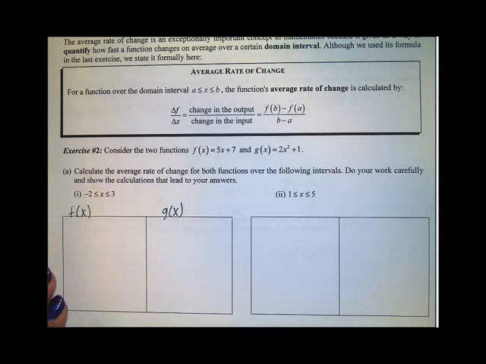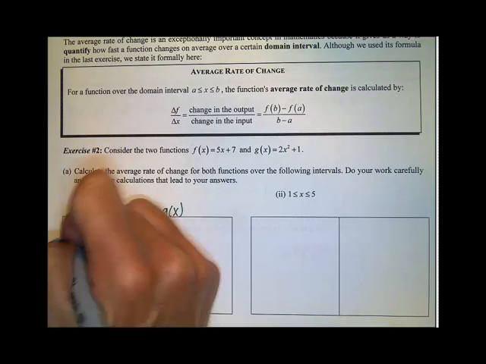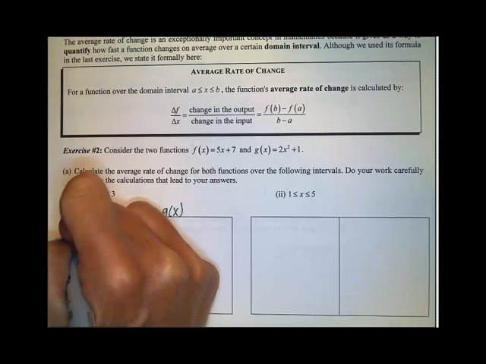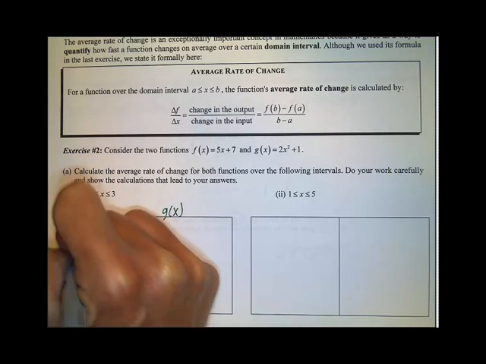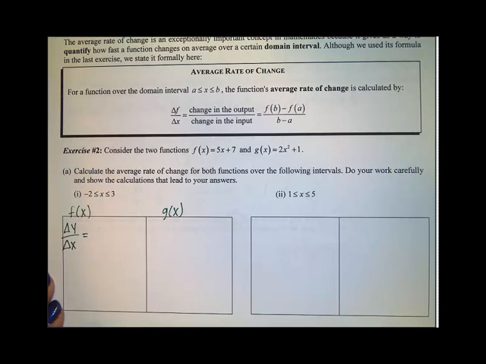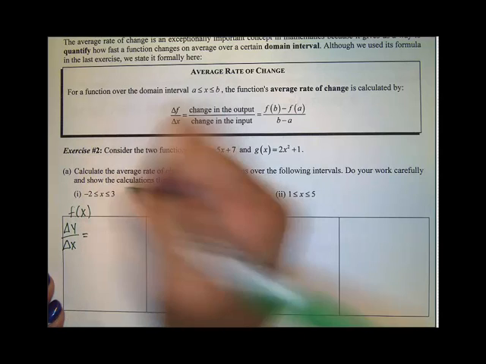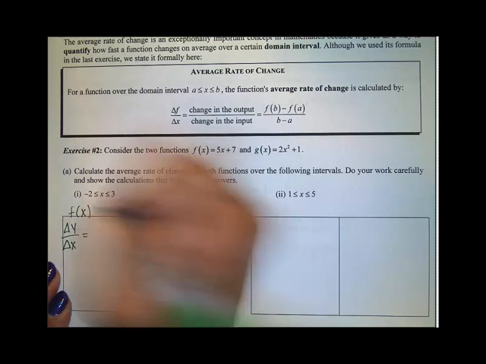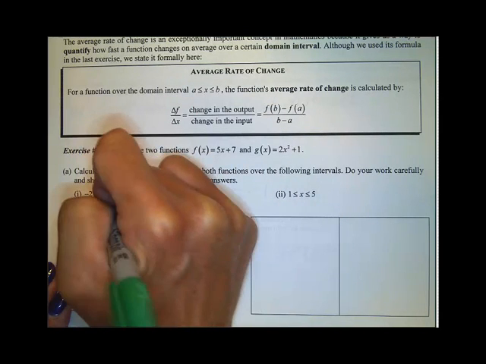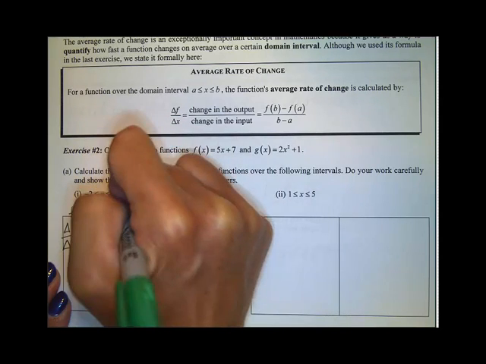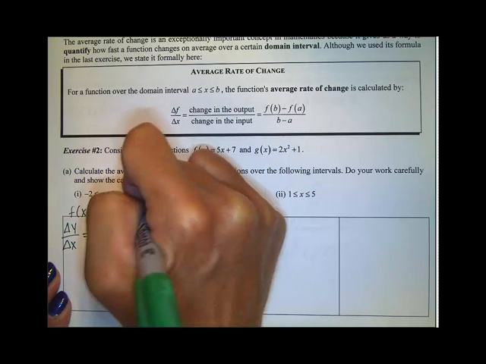For f of x, we have the change in y over the change in x. What are the y values for negative 2 and 3? f of negative 2 is 5 times negative 2 plus 7, which is negative 3.